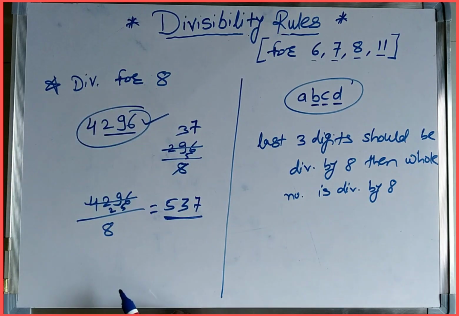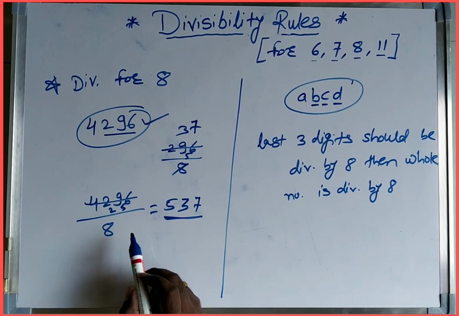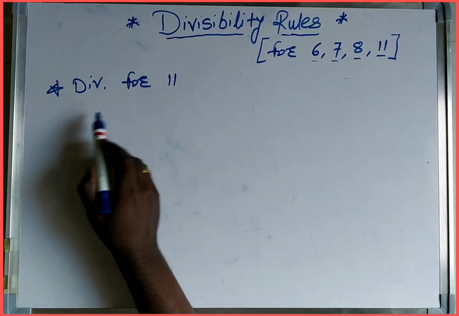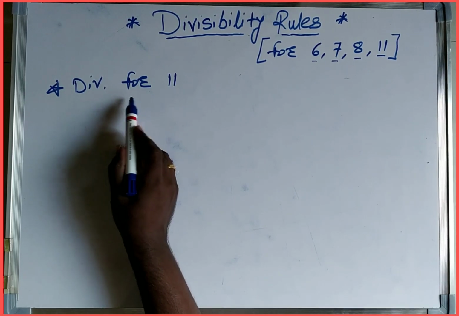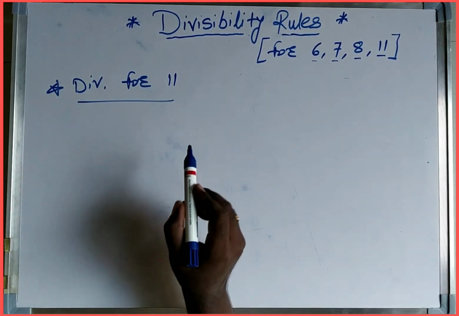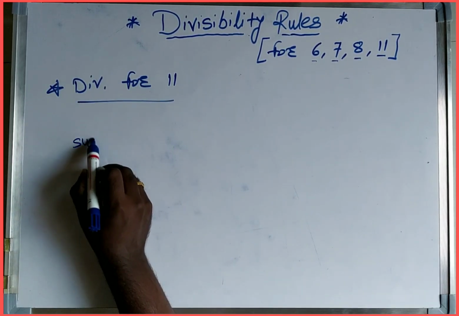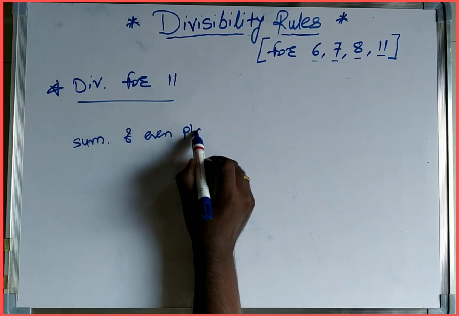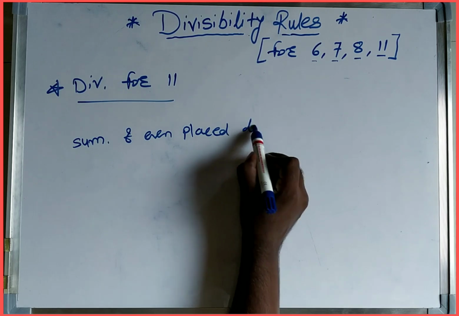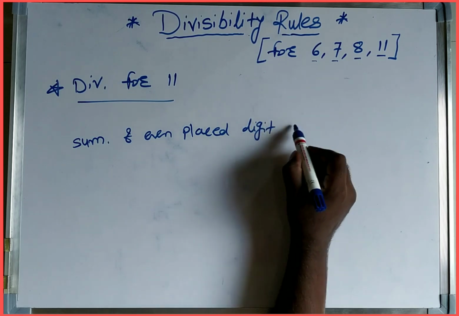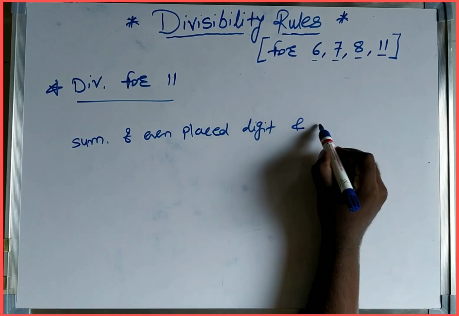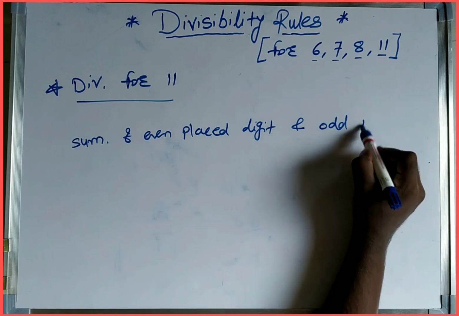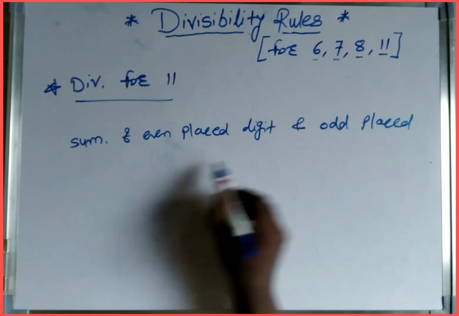In this way we can check the divisibility rule for 8. Now we will discuss the divisibility rule for 11. Take the sum of even placed digits and the sum of odd placed digits.